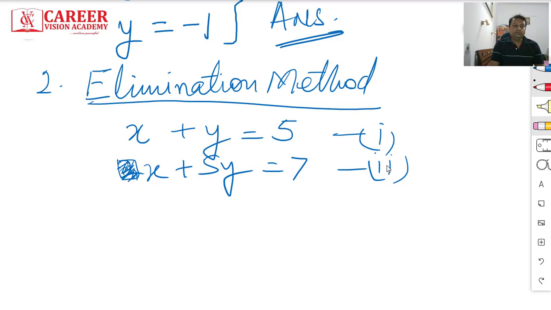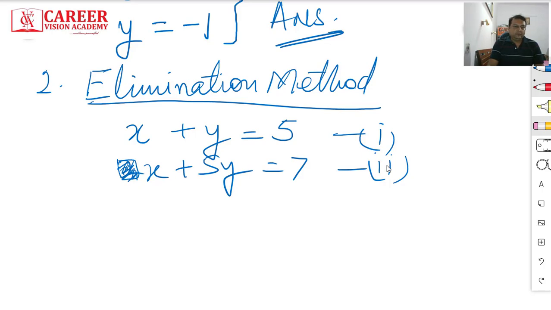Remove doesn't mean that you just erase it. We can remove it by either subtracting or adding. I can see here in the first equation we have x with coefficient 1, and in the second equation also I have x with coefficient 1.